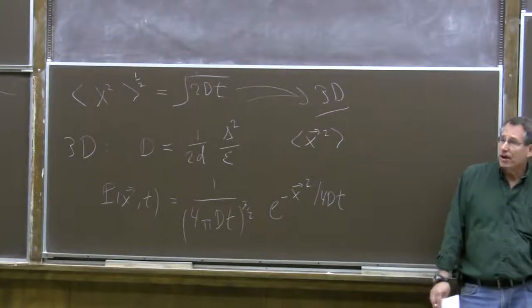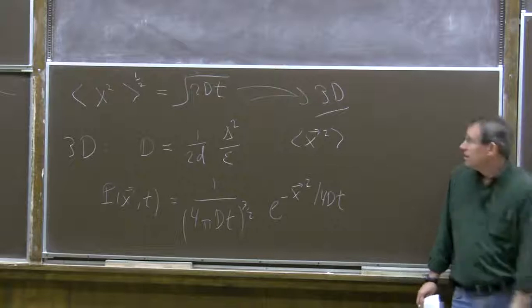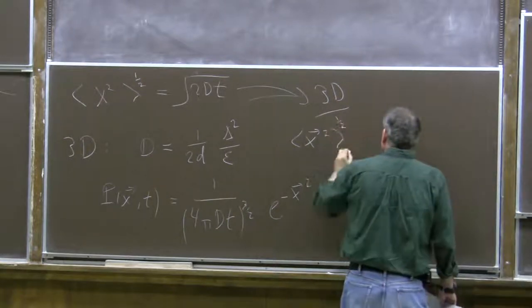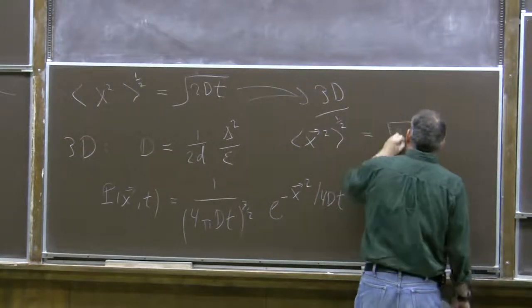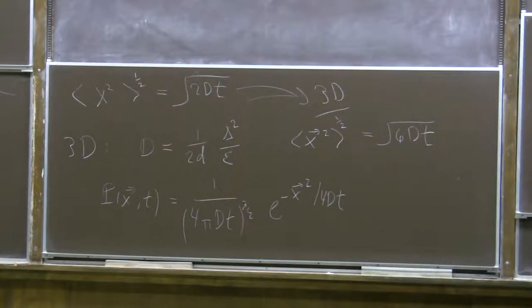It's just the mean value of x squared, the mean value of y squared, and the mean value of z squared. So the mean values all grow like 2 dt, and they add up. So if I take the square root, I'll now have the square root of 6 dt. So again, the distance from the origin grows like the square root of the time, and the coefficient of that square root of time is determined by the diffusion constant.